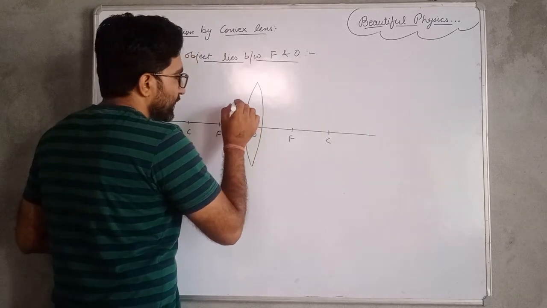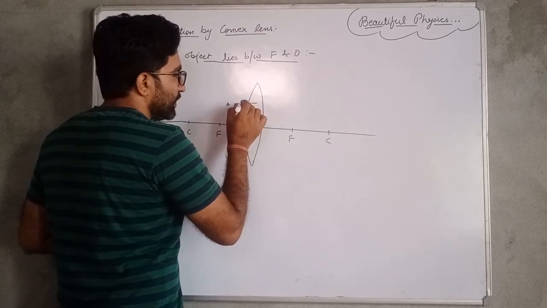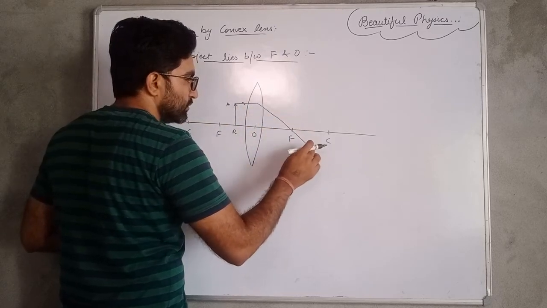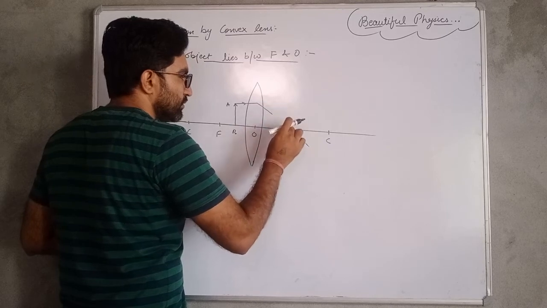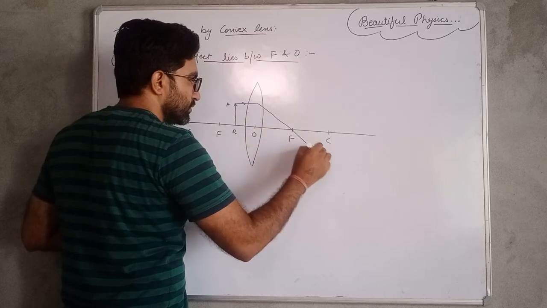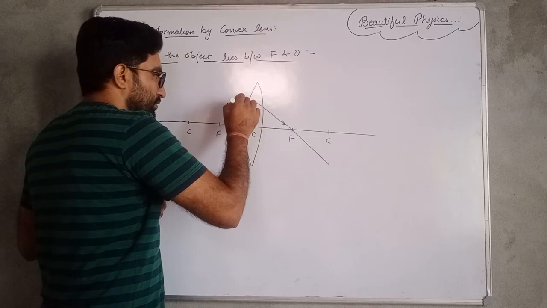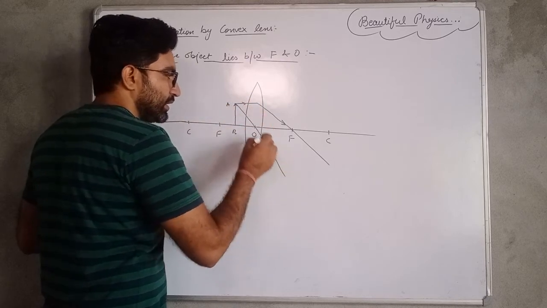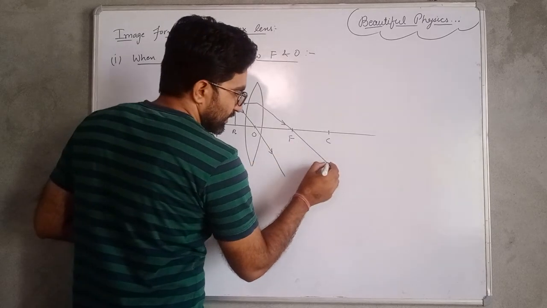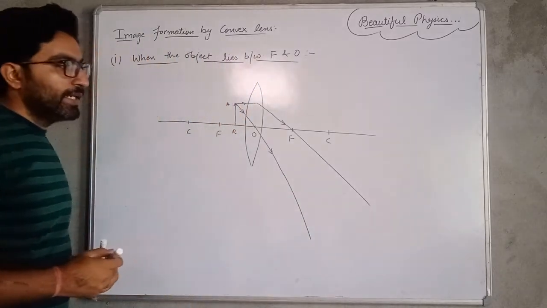Again, our first ray of light, this is object AB. First ray of light parallel to principal axis. After refraction, it will pass through the focus. And second ray of light again passes through the optical center, and we can see that the distance between the refracted light rays is increasing as they are propagating in the medium.